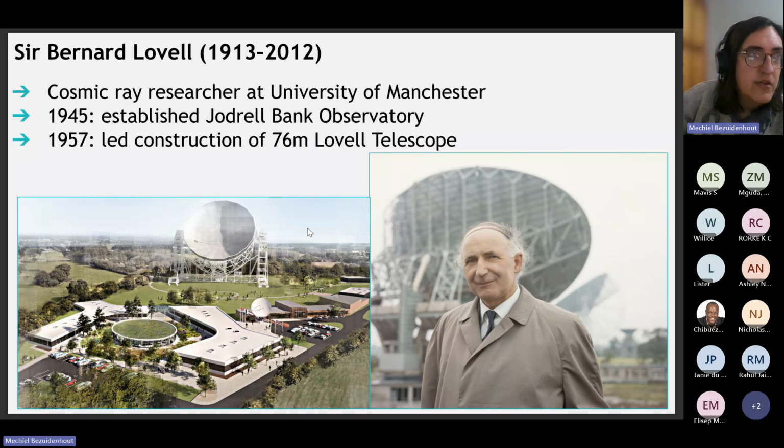I believe it is still the third largest single dish radio telescope in the world, if I'm not mistaken. And this is quite important for us in South Africa, of course, because the headquarters of the SKA is based at Jodrell Bank. So if you continue any work with SKA, you'll be sure to work with people from Jodrell Bank.